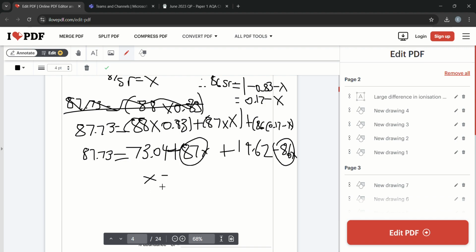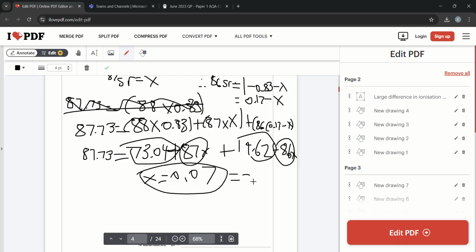So x is equal to 0.07. Just add these two together and then subtract that, so 0.07, and that's equal to 7% when multiplied by 100.